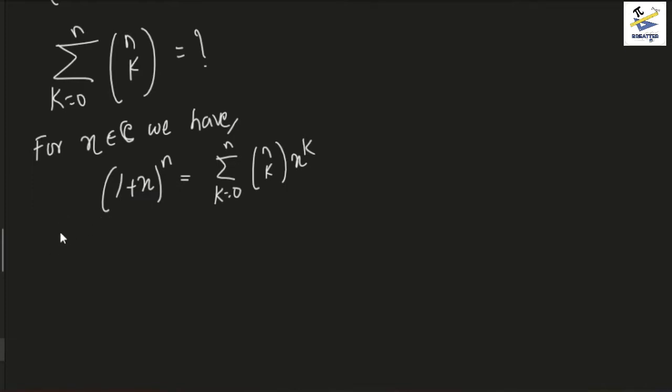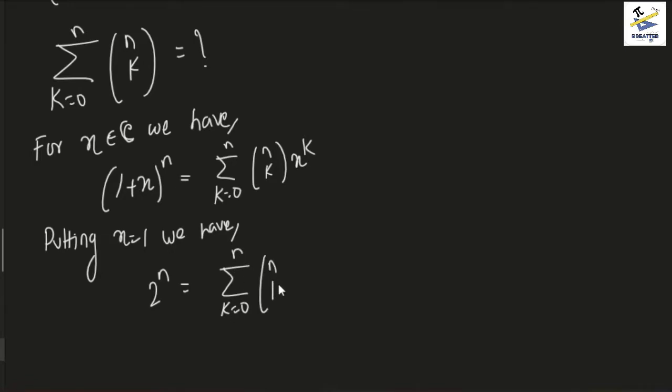So this is a straightforward sum, because putting x equals 1, we have 2 to the power n equals the sum for k equals 0 to n of nCk. So the sum of binomial coefficients from nC0 up to nCn is basically 2 to the power n.